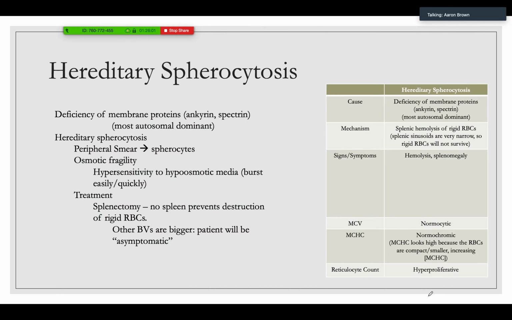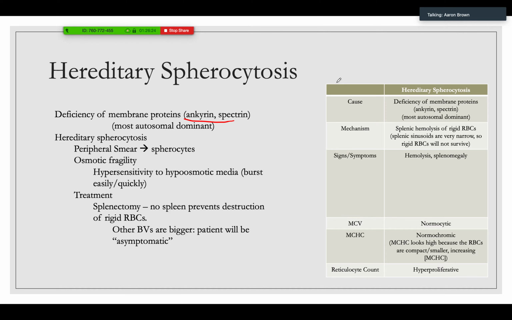So, the first condition we're going to talk about is hereditary spherocytosis. Here, we have some sort of deficiency in those membrane proteins we talked about. We talked about how you need that cytoskeleton to make red blood cells nice and flexible. As they're moving through the blood, they don't rupture because they're very flexible, very chill guys, right?